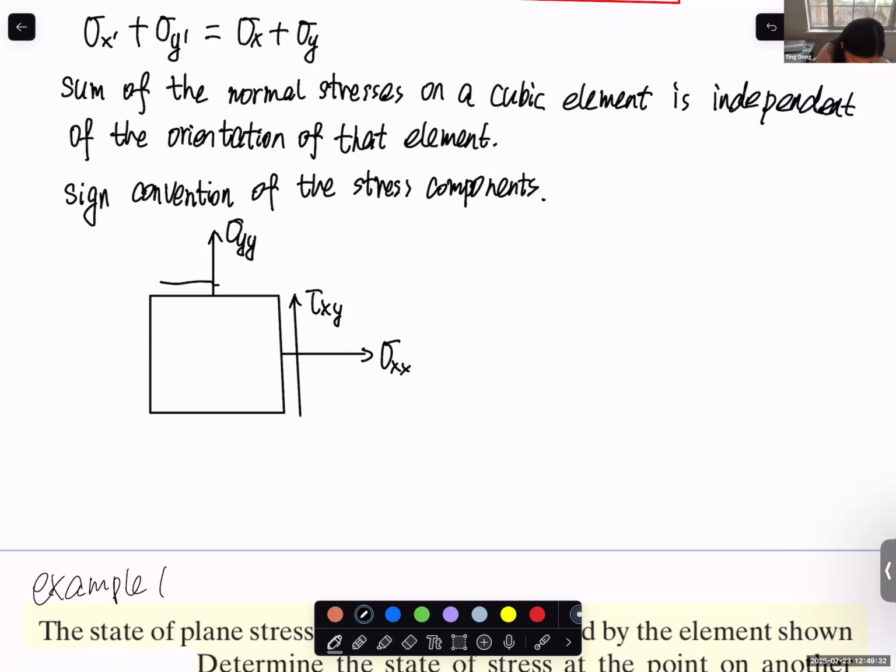And of course, if that is the direction on the x plane, this should be the direction of shear stress on the y plane, since this element should be in equilibrium. And on the other two sides, on the bottom surface, this is also sigma yy, and this is also sigma xx, and this is tau xy, and this is tau xy.